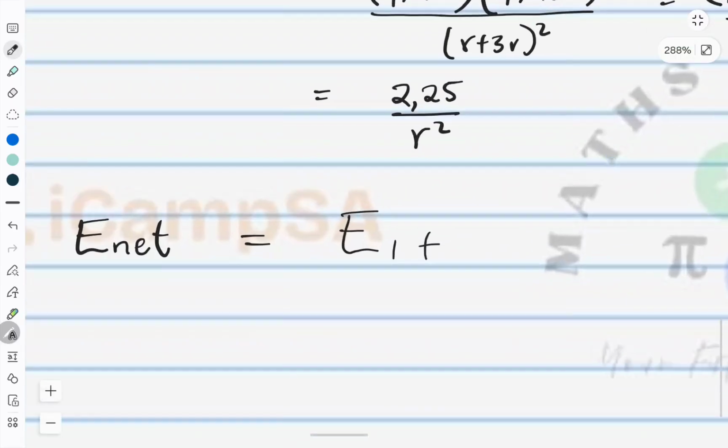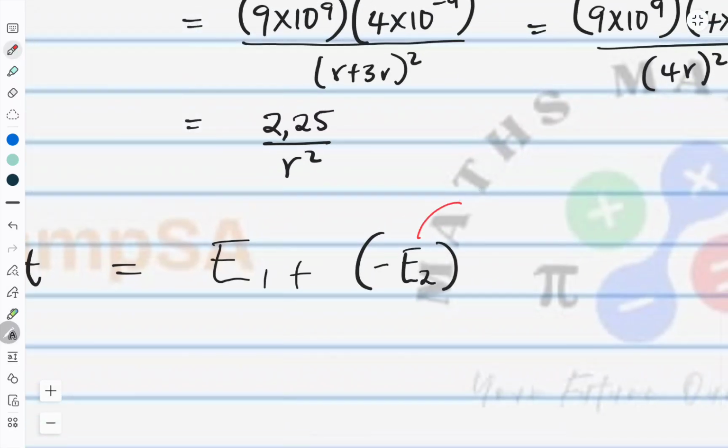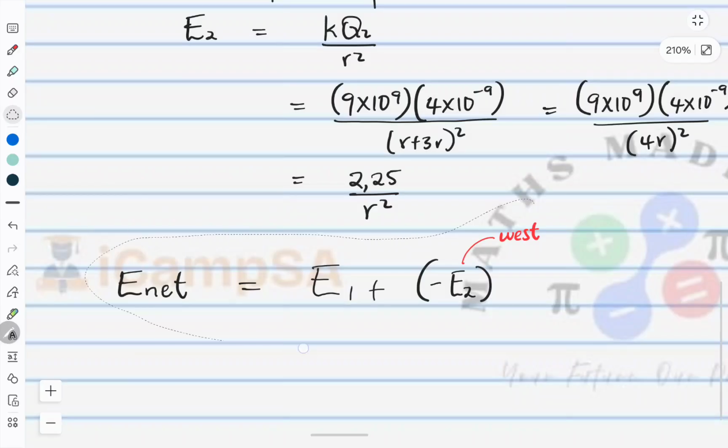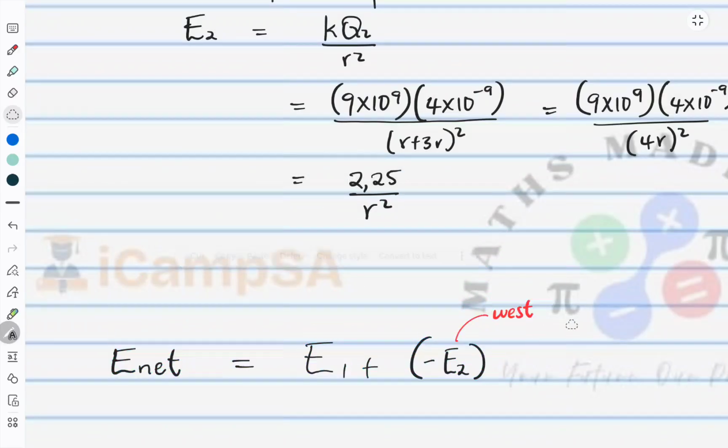But E2 is to the east, so it must be minus E2. So before we obviously make it a negative, let's make it clear that we chose west.